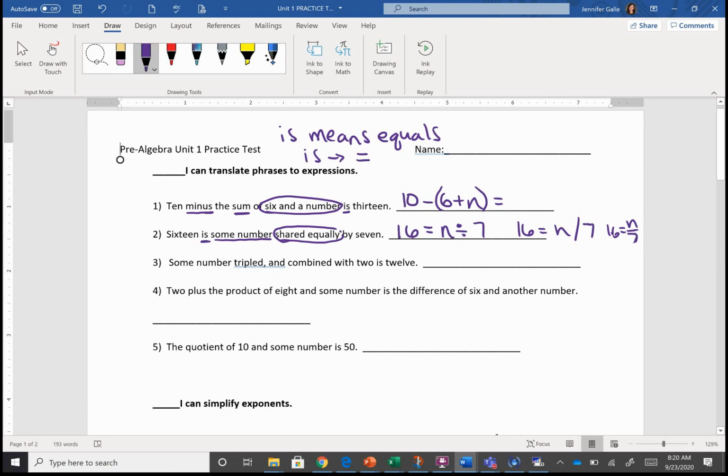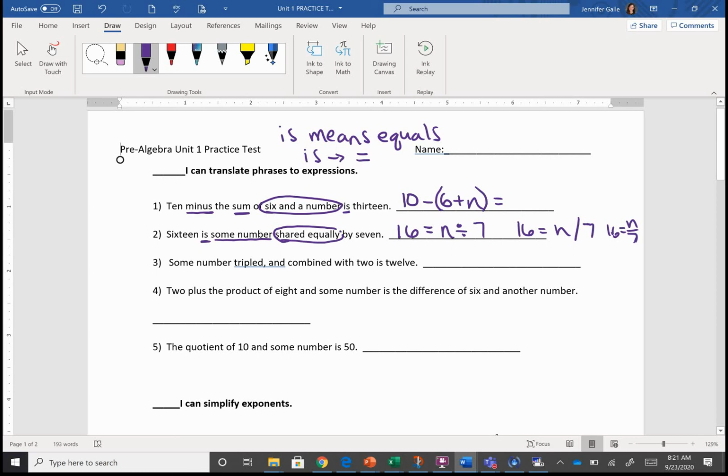Okay. Number 3, some number tripled. On your graphic organizer, we see tripled is under multiplication. And I know we've talked about getting a triple in baseball or kickball. If you need to make a note on your foldable what tripled means, make that note.